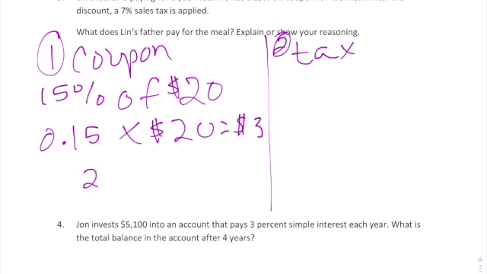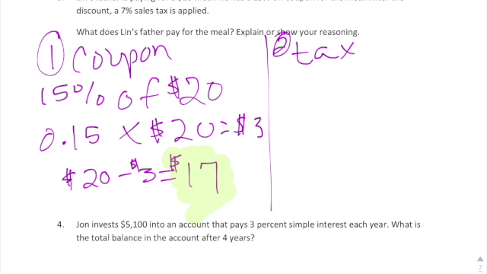So $3 off, I do 20 minus 3, and I get 17. Okay, so here's my first answer. This is after the coupon, but before the sales tax. So now I have to find sales tax on my new price, my new marked down price.